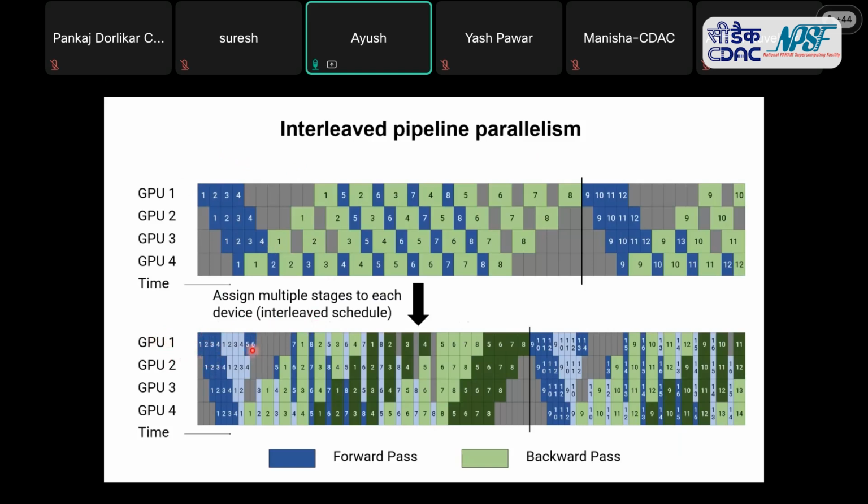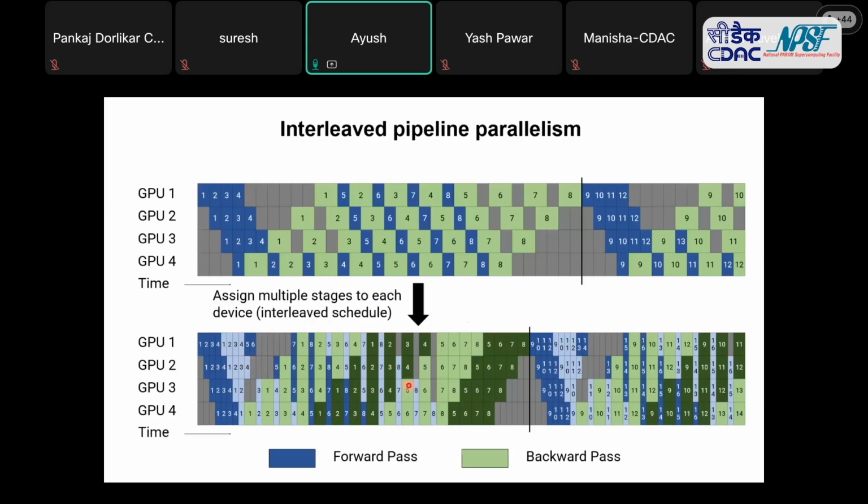And again, you do not wait for the backward pass to finish for the initial, let's say, micro batch 1. You start processing the forward pass for another set of micro batches. The benefit of this is there are smaller pipeline bubbles here and better GPU utilization.